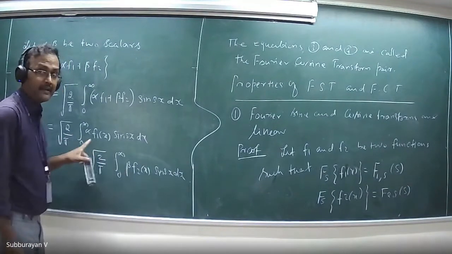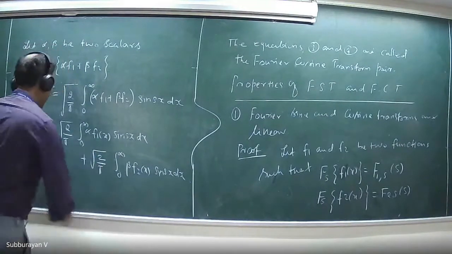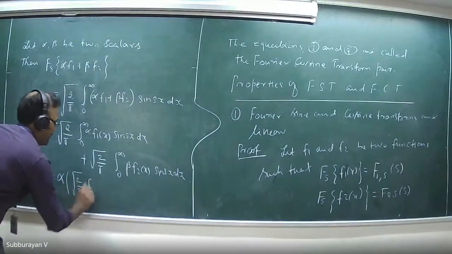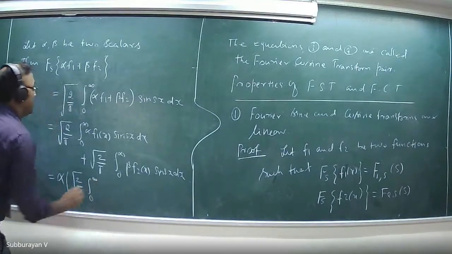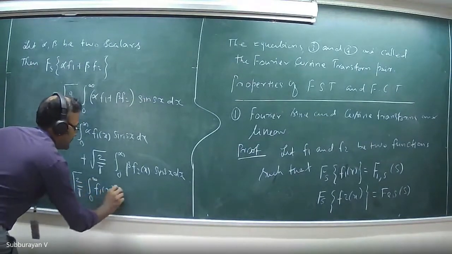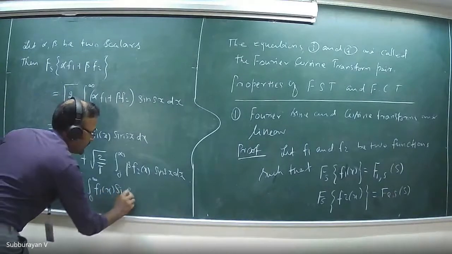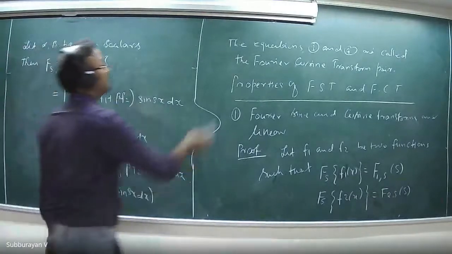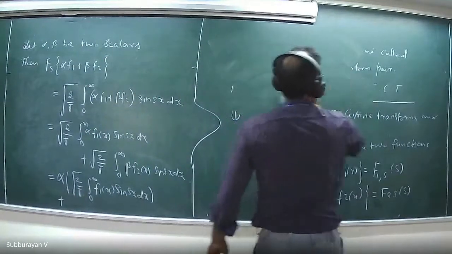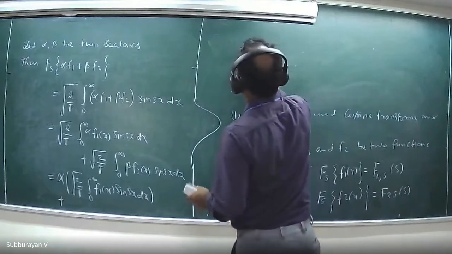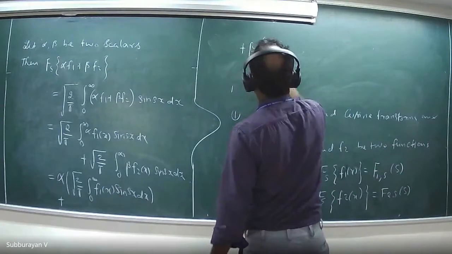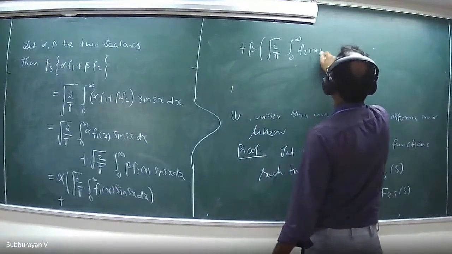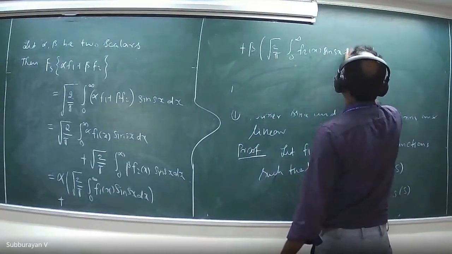Therefore we can take them out of the integral. So this is alpha into square root of 2 by pi integral 0 to infinity f1 of x sine sx dx plus beta times under root 2 by pi integral 0 to infinity f2 of x into sine sx into dx.